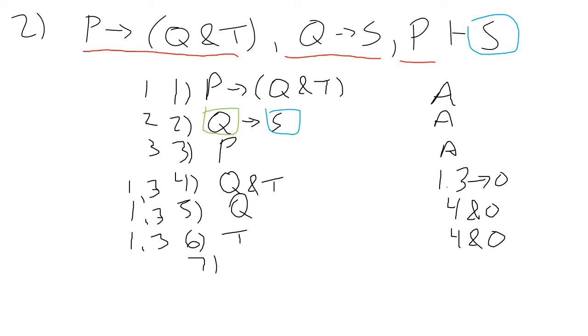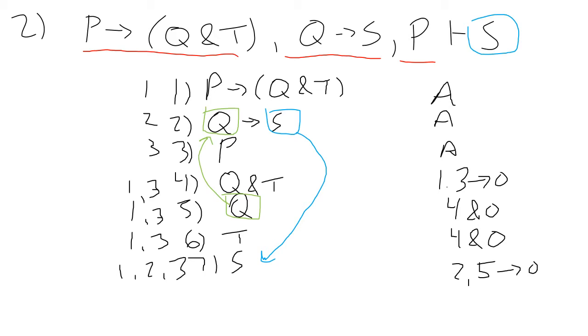And then, since I now have my antecedent to my conditional statement here, I can write my consequent here. So from 2 and 5, arrow out, 1, 2, and 3. That is the conclusion I was looking for. So with that, everything is done.